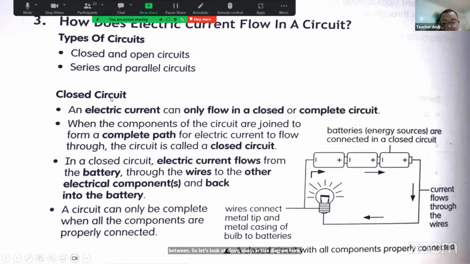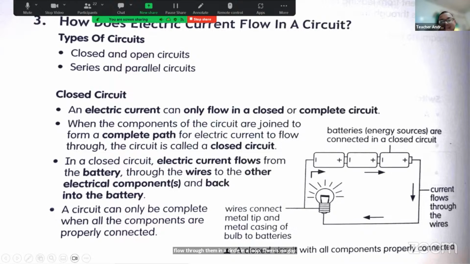The current from the battery can only flow in a closed or complete circuit, all right? So when all the components, batteries, light bulb, wires, are joined to form a complete path, one loop here, this is called a closed circuit, because the current can flow through them in a circle, in a loop. There's no gap. This is a closed circuit.